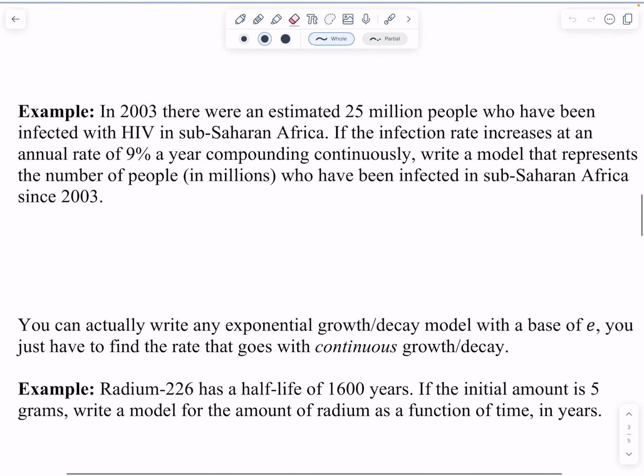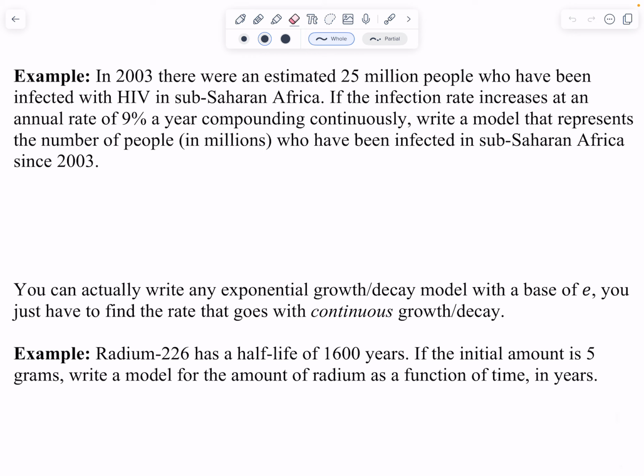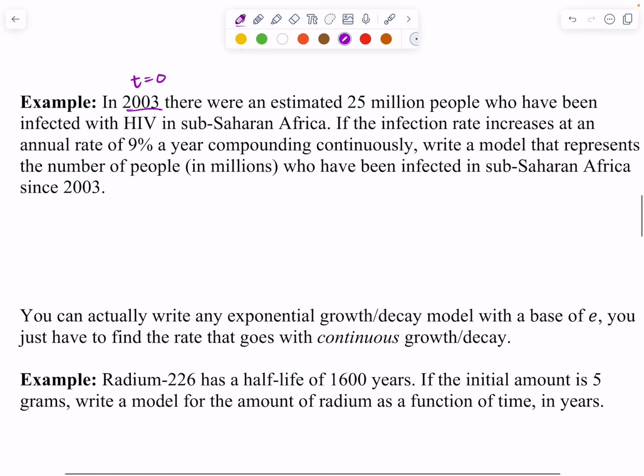The example here that we had gone through is pretty straightforward. You're given that the infection rate increases at an annual rate of 9% a year, compounding continuously. So just coming up with the model: in 2003, we would treat that as t equals 0. There were an estimated 25 million, so A naught would be 25, in millions of people who have been infected by HIV in sub-Saharan Africa, if the infection rate increases at an annual rate of 9% a year, compounding continuously.